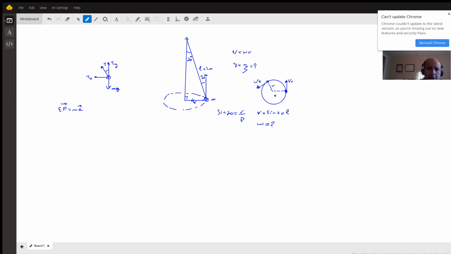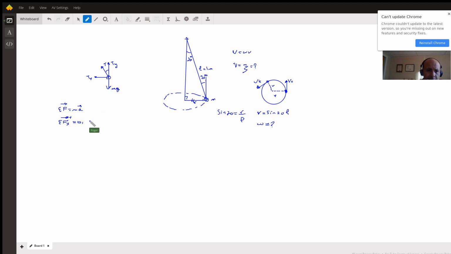The only thing that's not a vector is m. So if we take the sum of the forces in the x direction and define the positive direction this way, equal to m a, what forces are acting in the positive direction? Well, it's Tx only, right?